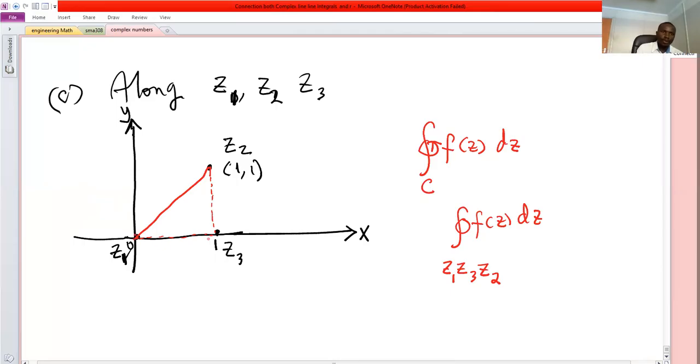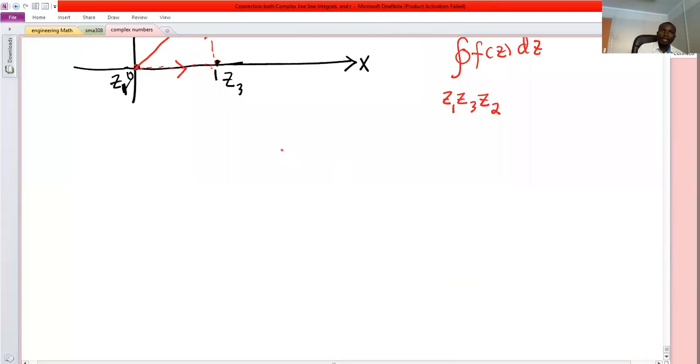So we walk from here to here, and then from here to here. So we can split this into two, saying it will be the integral from z1 to z3 and then plus the integral from z3 to z2.